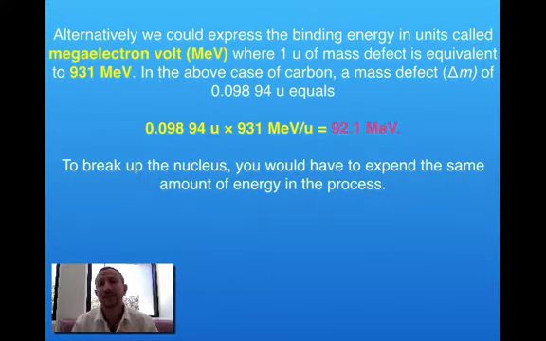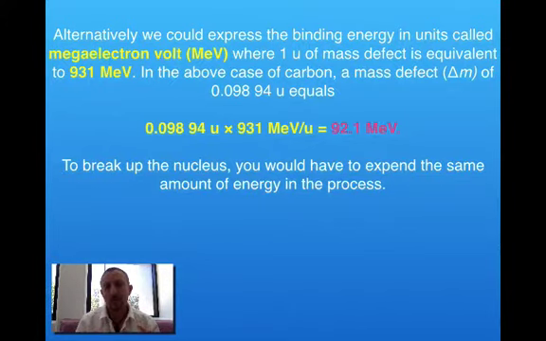Another thing that we can do is express the binding energy in mega electron volts. Remember that an electron volt is joules per coulomb, and basically one atomic mass unit of mass defect is equivalent to 931 mega electron volts.